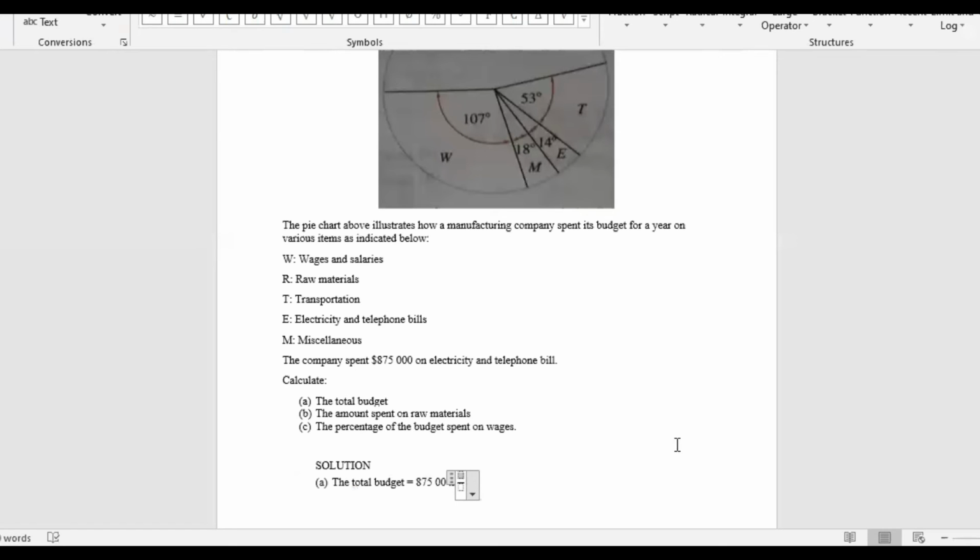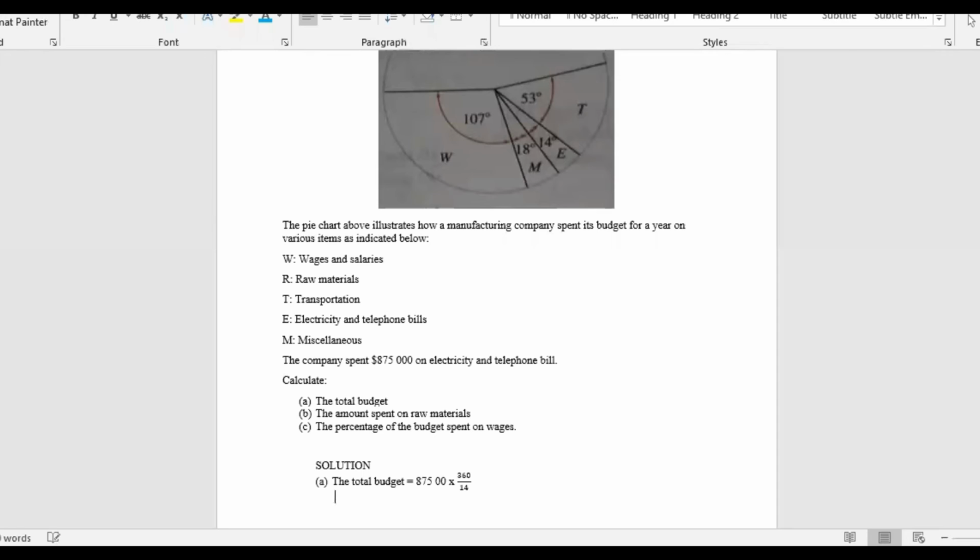In order for you to find the degrees, you take the amount given divided by the total amount multiplied by 360. So we are doing the opposite now, where we're taking the 360 and we'll divide it by 14. So 875,000 times 360 divided by 14 gives us what?